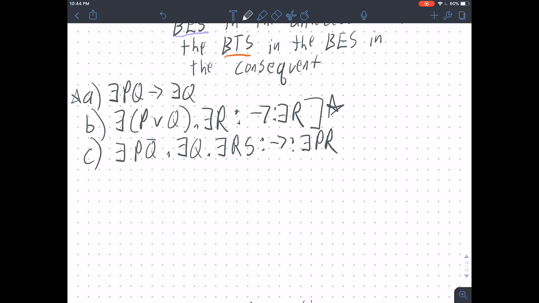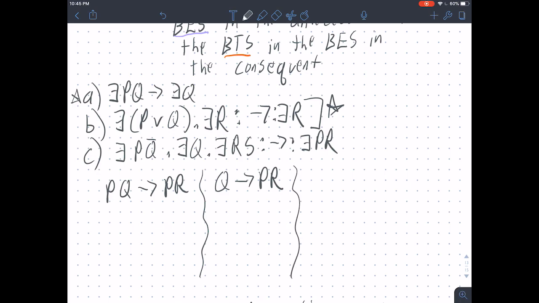So we'd have to do three at most truth value analyses of conditionals. That's the first one we'd have to do, the second one is this, and the third one is this.